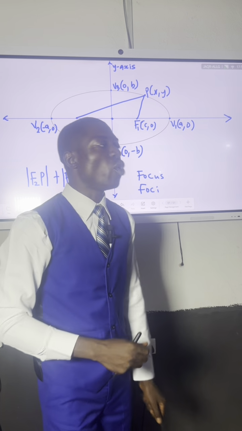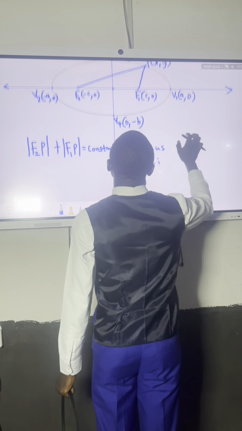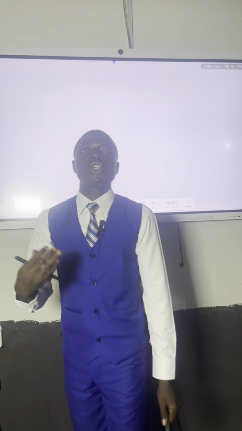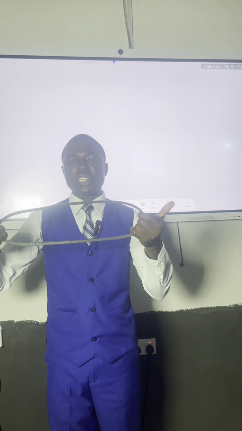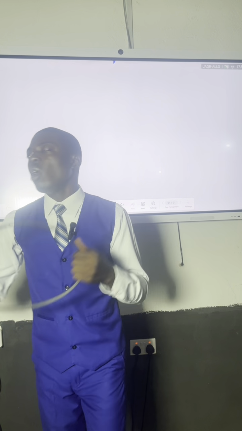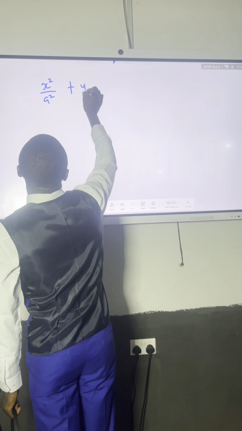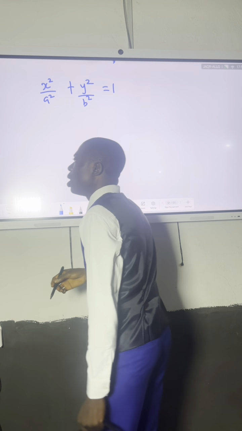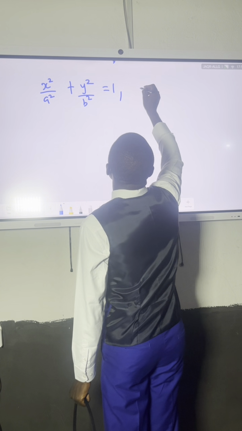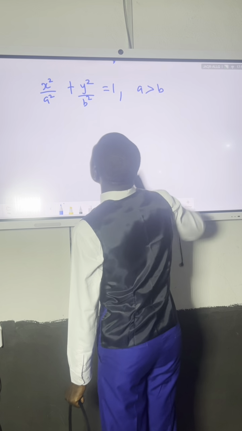Okay, so let's answer that question together. The equation of an ellipse depends on the major axis, where the circle is stretched to get an ellipse. One equation is x squared over a squared plus y squared over b squared is equal to 1, where a is greater than b.